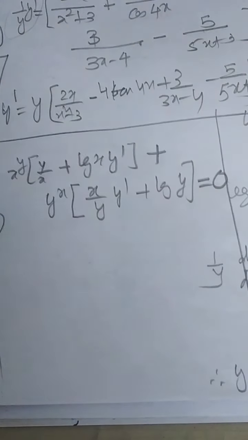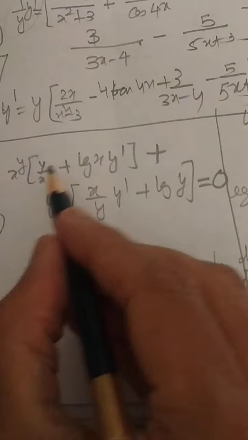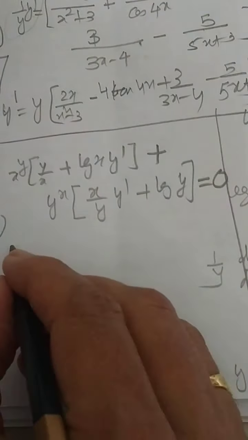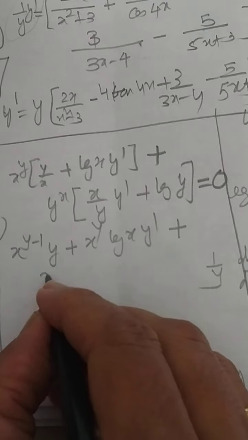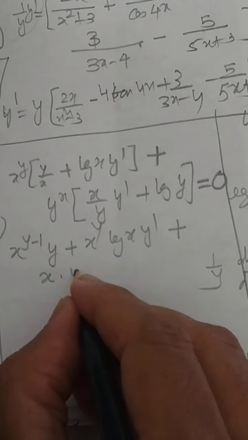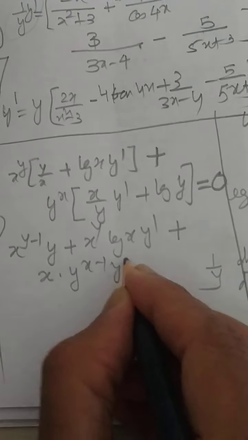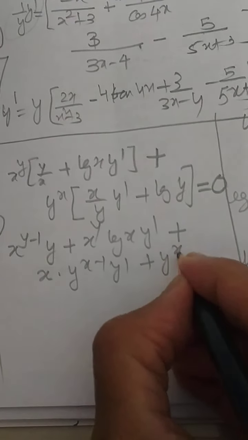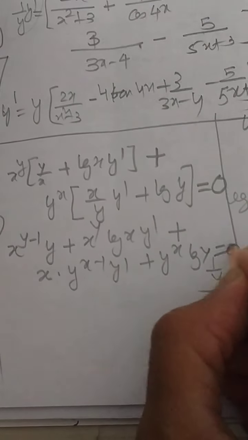Now it becomes the equation. Open this, try to simplify this opening. Look here: x raised to power y minus 1 into y plus x raised to power y log x into y dash plus x into y raised to power x minus 1 into y dash plus y raised to power x into log y will be equal to 0.